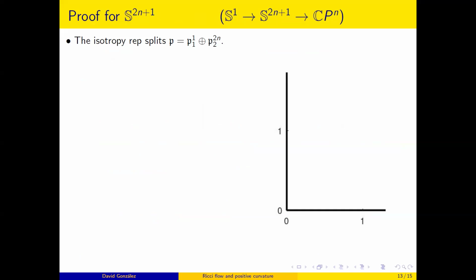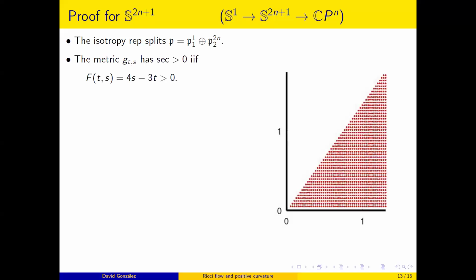This means that the metrics are identified with R^2, where both coordinates are positive. We need to describe the positive curvature set. This was done by Verdiani and Ziller, and they correspond to the positive values of this function f here.